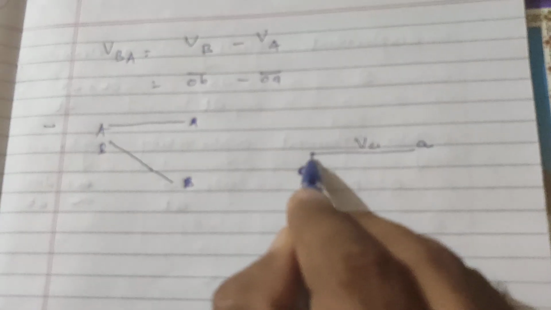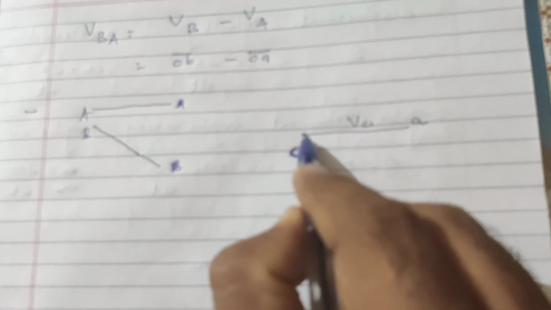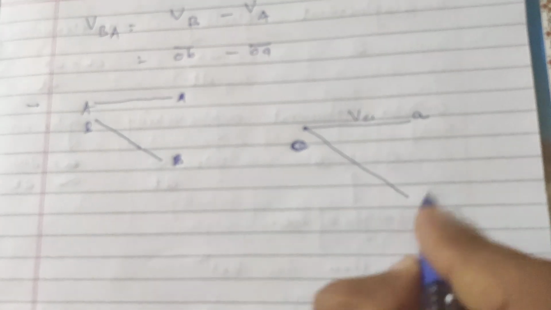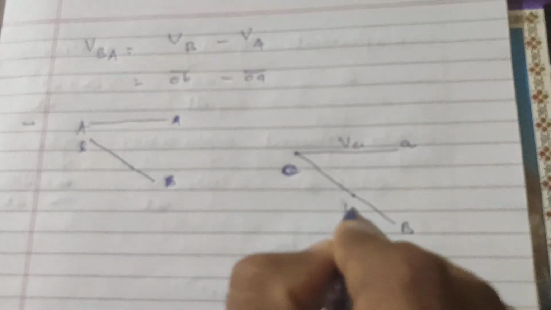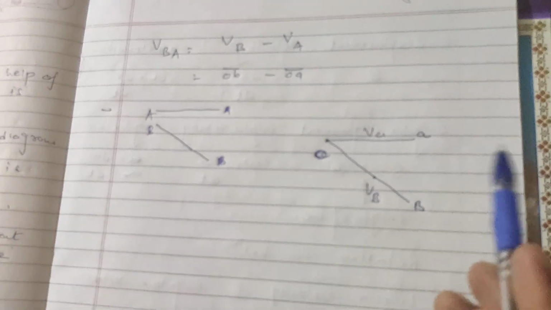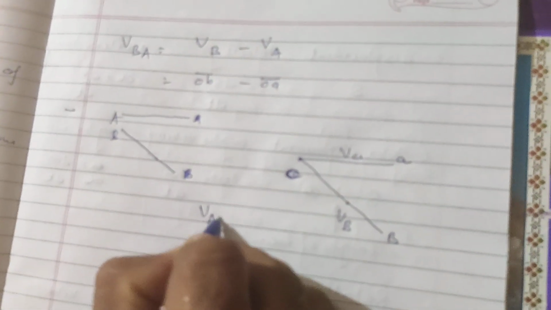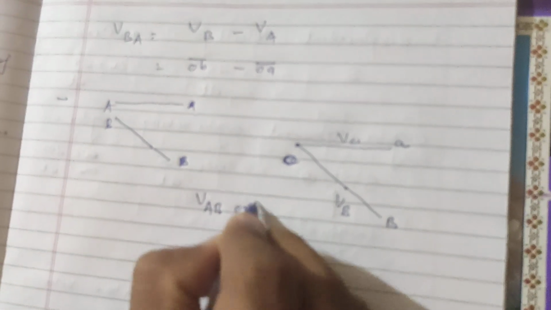Another line we have to draw parallel to body B, which has velocity VB. Now we have to find out the velocity of A with respect to B, that means VAB or VBA.